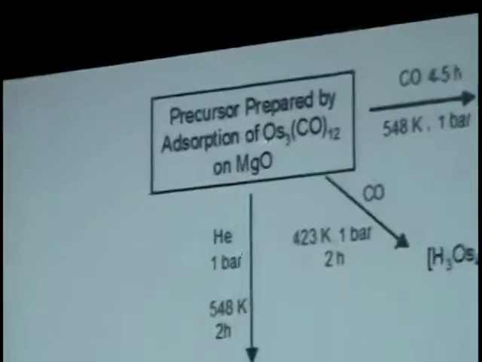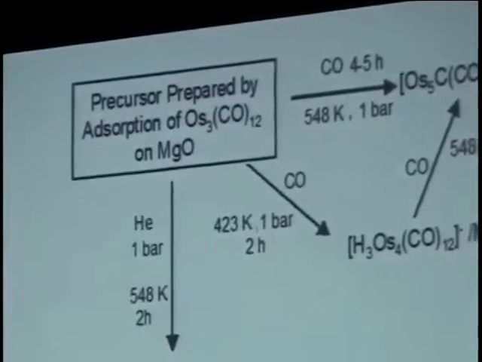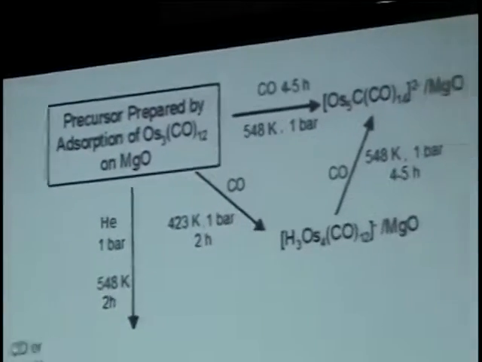So if we start with our parent compound, the triosmium carbonyl, with its triangular metal frame, we can oxidatively fragment it.